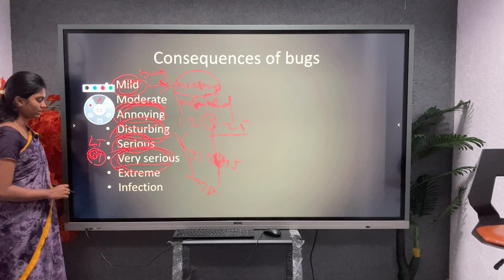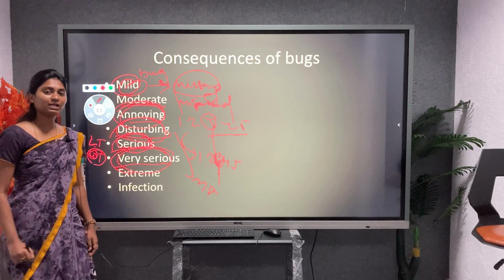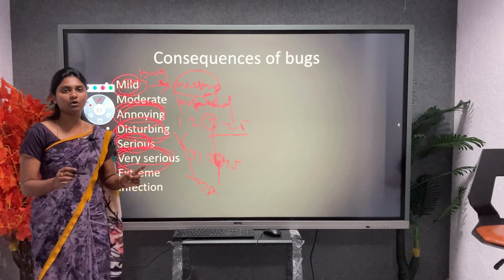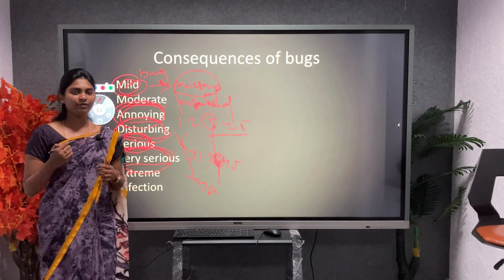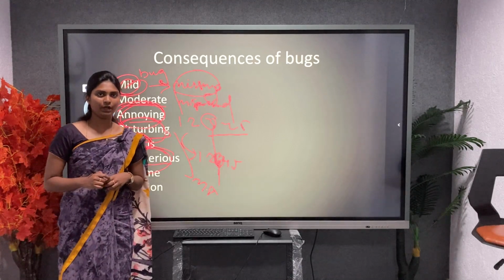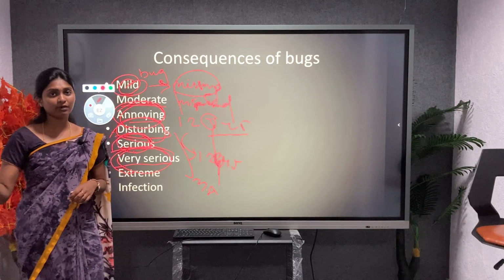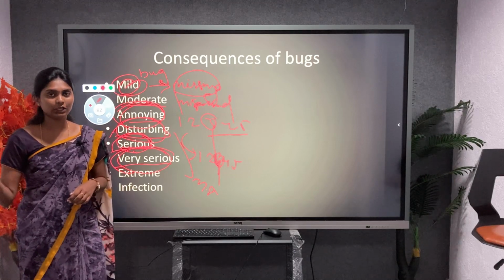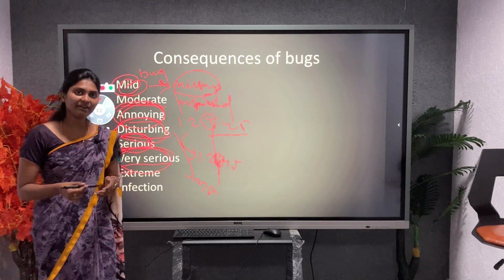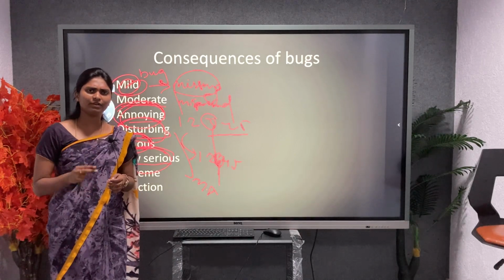Coming to extreme, extreme means the transactions will be linked from one system to another system. When we are linking, we have a best quality software, and we have to link it with other best quality software, but we don't know whether it is following the standards or not. So we have to know whether it is best quality or not. Without knowing, we can't link.